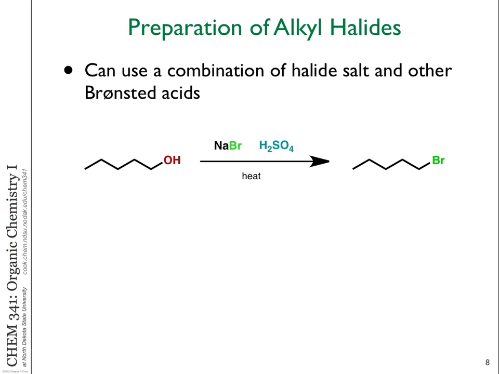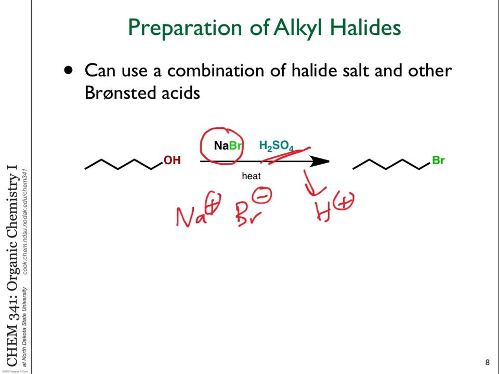You don't necessarily need to use HBr either. So here's another example where you can get the same result, but not specifically put in HBr. In a way, we're generating HBr in a different way, because what we have is a salt, sodium bromide. It has a Br minus and an Na plus, and then we have sulfuric acid, which is a source of H plus.